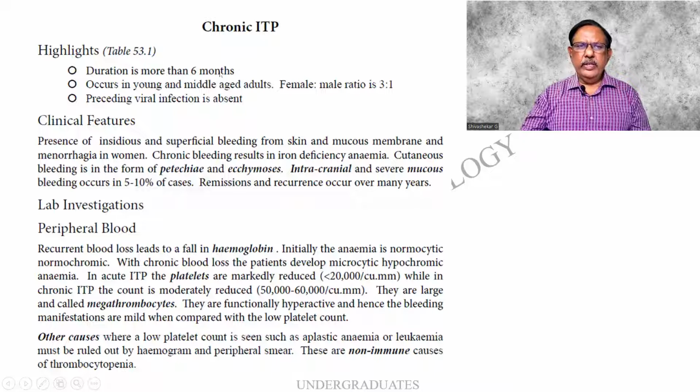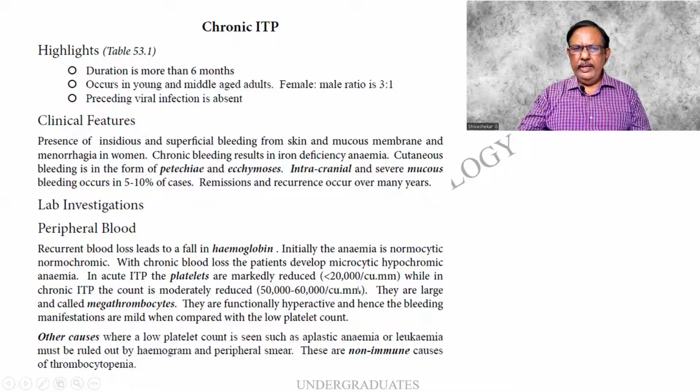You find that there is a duration, usually it occurs in adults, and females are more than males. Any of the autoimmune disorders, you find that females will be more affected than males. Take the case of Hashimoto's, for example. Patient can be presenting with this kind of bleeding over there. And in the peripheral blood, there can be blood loss, because of which there can be reduction in the hemoglobin.